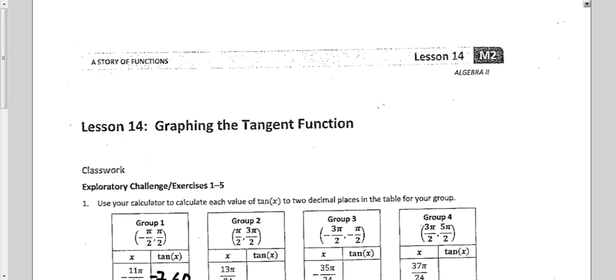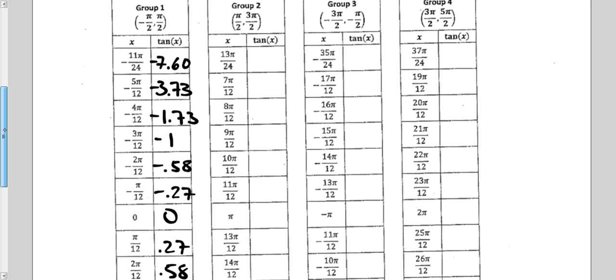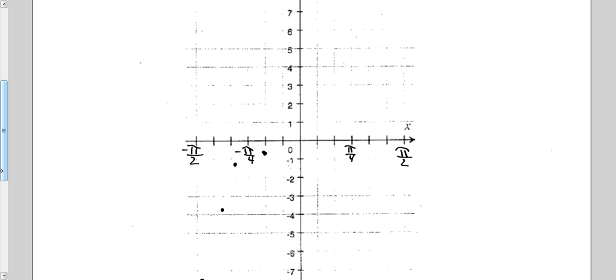And you're going to put a dot right there, a negative 0.58. And then pi over 12, negative 0.27. Pi over 12 is going to be this guy right here. And negative 0.27, even closer.